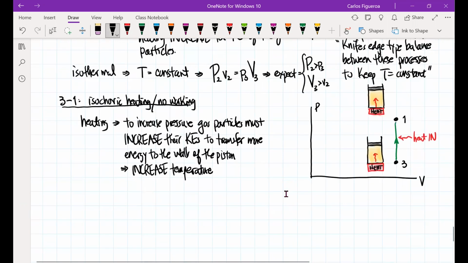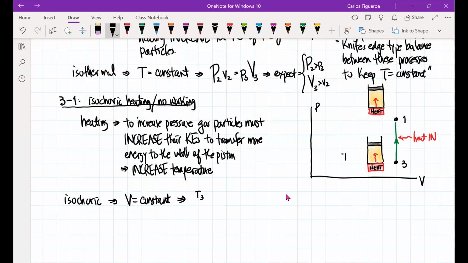So now, if I have isochoric, that implies that the volume is a constant. So from the ideal gas law, you'll see here that the pressure at 3 and the temperature at 3 have this ratio that must be a constant.